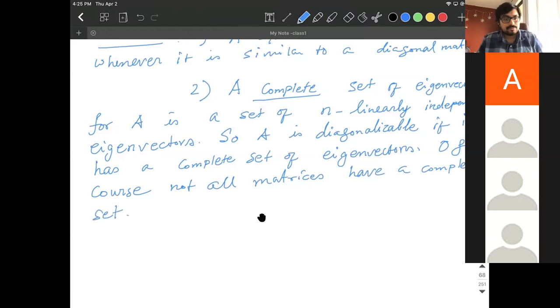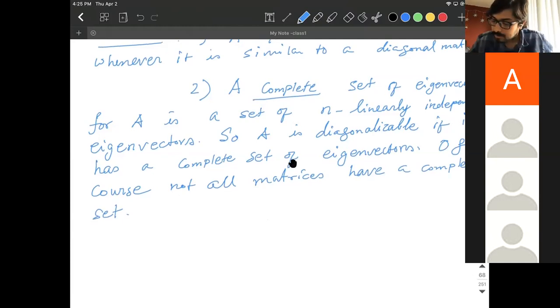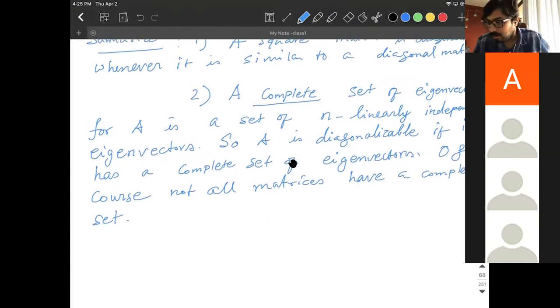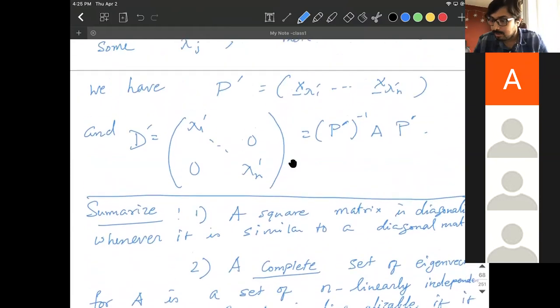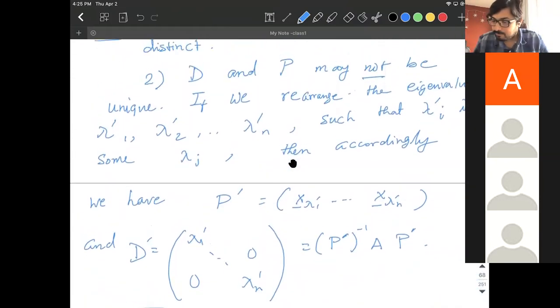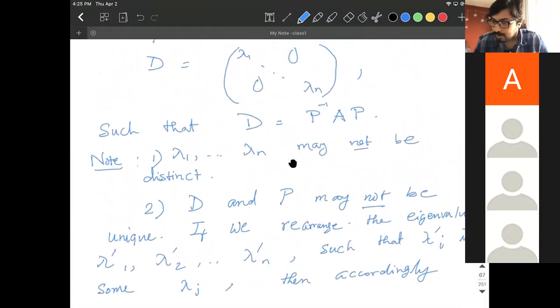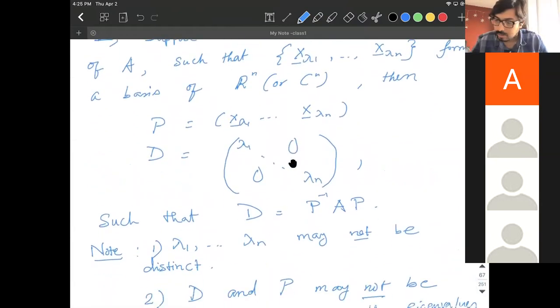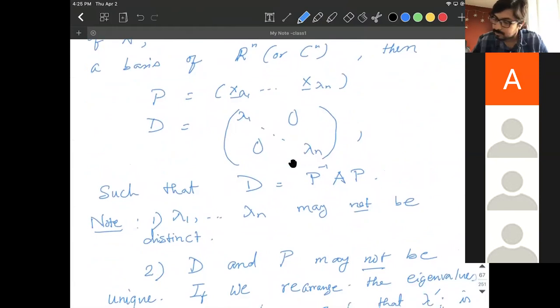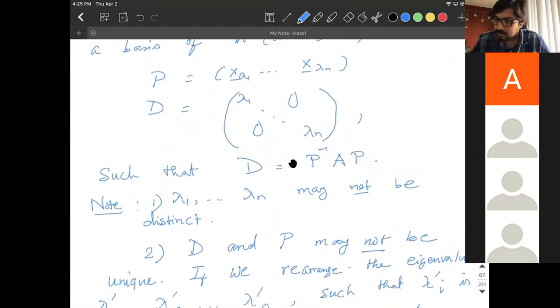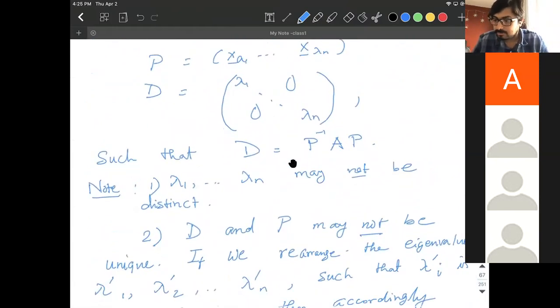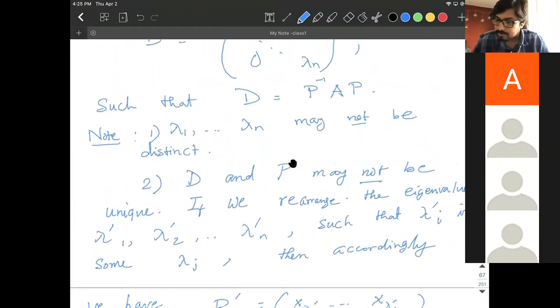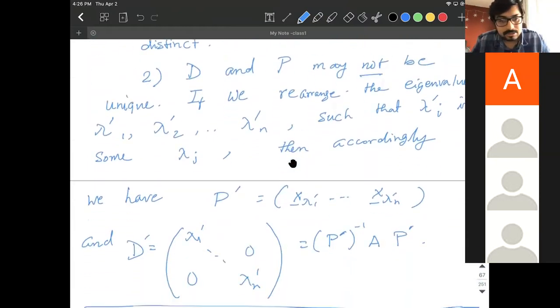Otherwise, every matrix would be diagonalizable. And in such a scenario, if it is complete, then we know how to diagonalize a matrix. Namely, we form this matrix P out of the eigenvectors and the diagonal matrix out of the eigenvalues, with the eigenvalues being repeated. And we have this relation that D is equal to P inverse A times P.